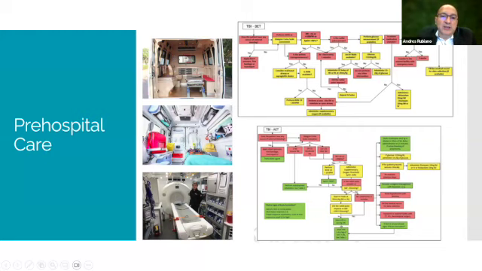If you are in an intermediate unit that has some resources or some training, then you move over the algorithm with the red recommendations, but you can also apply the yellow recommendations, which are something in the middle. And if you are in a very advanced unit like this one, or a helicopter or something like that, maybe you can go over the red, the yellow, and the green recommendations, which are the most advanced ones.